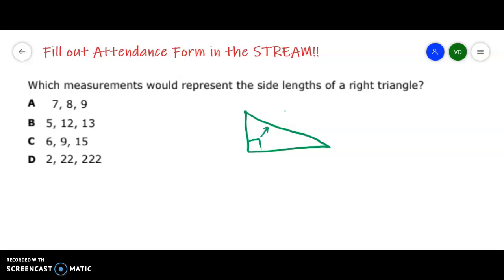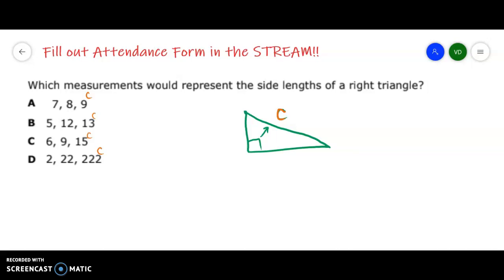So it's pointing to C. I should know that C is the biggest number, right? So if I look at my answer choices, I notice that 9 should be my C, 13 should be my C, 15 should be my C, and then 222 should be my C, right? Remember, biggest number is C.